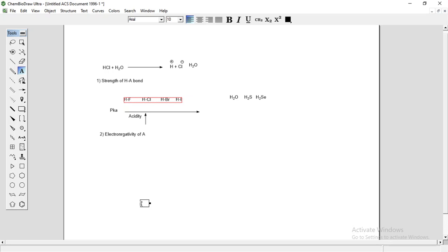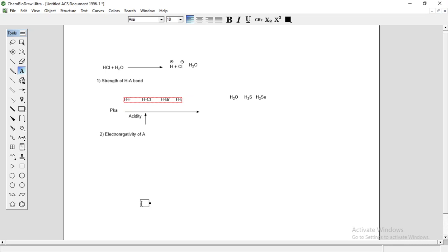When we are comparing the acidity of hydrides of the first row of elements, acidity increases in the order. Let's take the example of hydrides of first row elements, that is carbon, nitrogen, oxygen and fluorine.